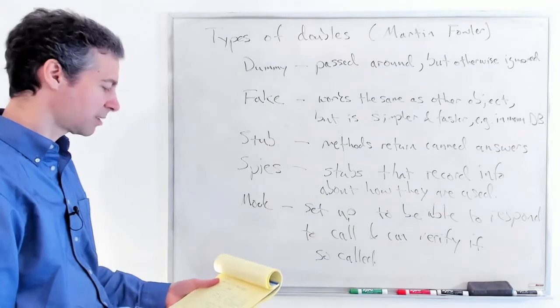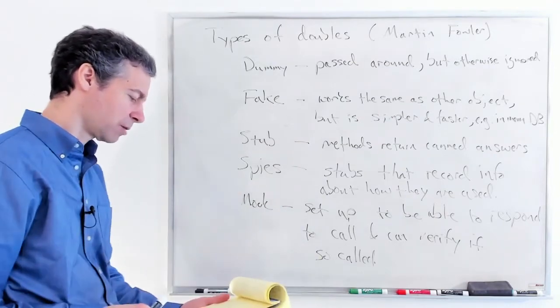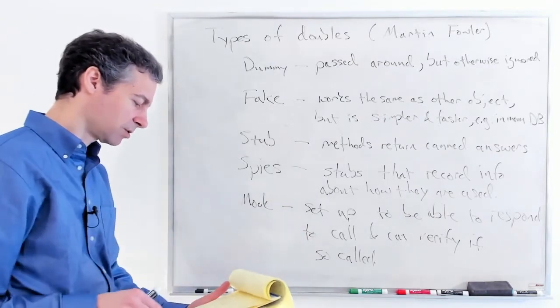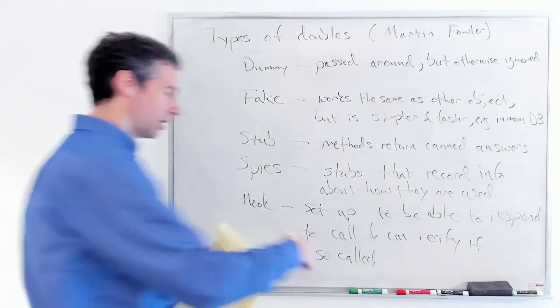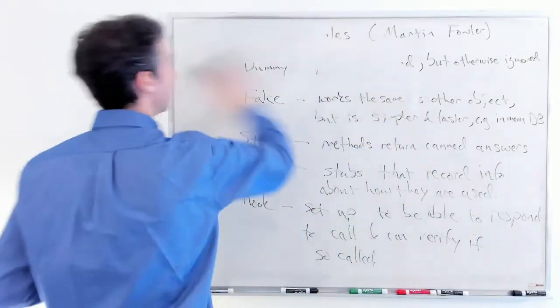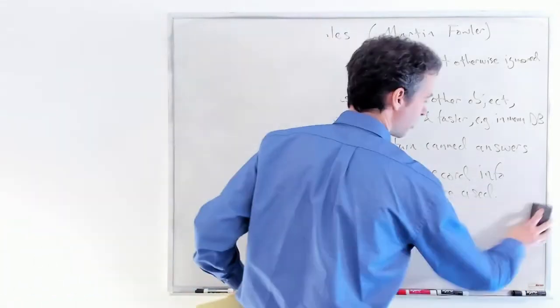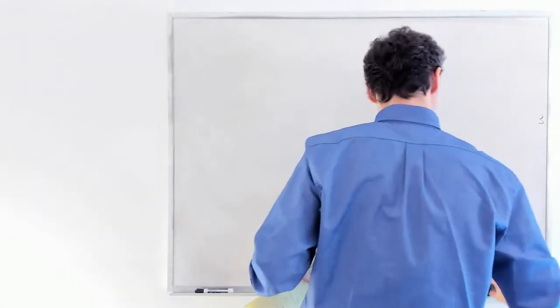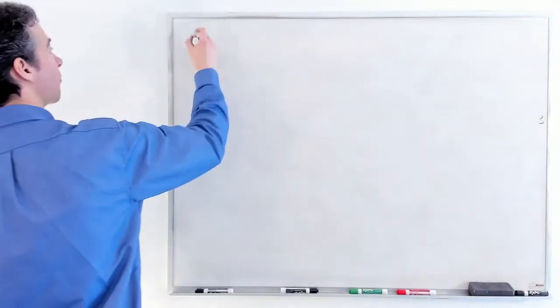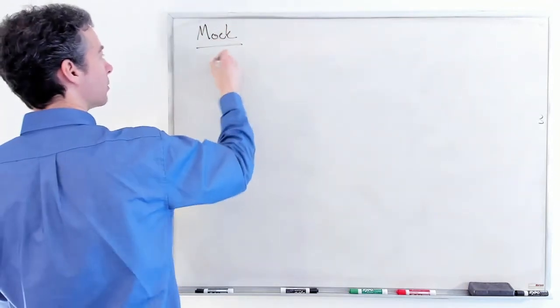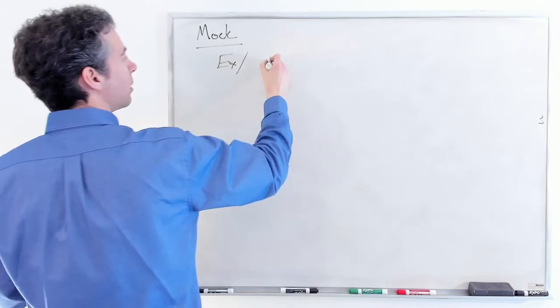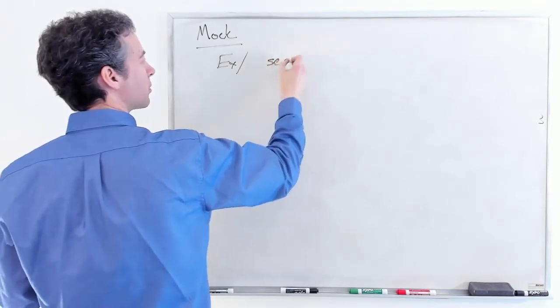Now, let's actually give you an example of a mock so that you can see it in use. The temperature one, I guess, is not a great example. So let's envision instead that our example that we're going to create is a security system.